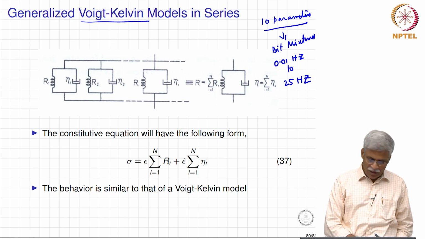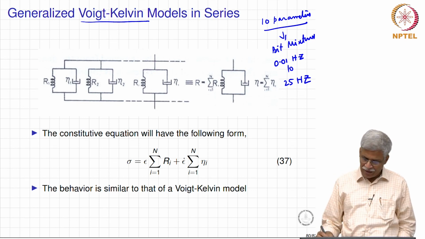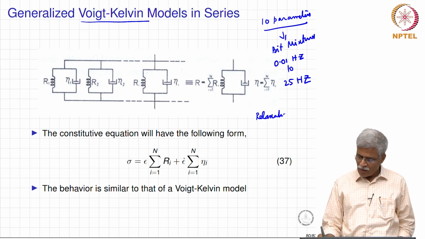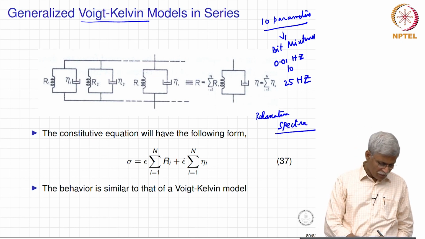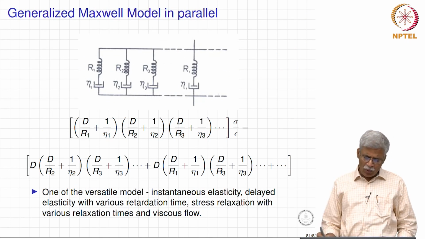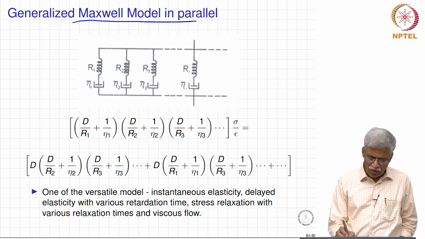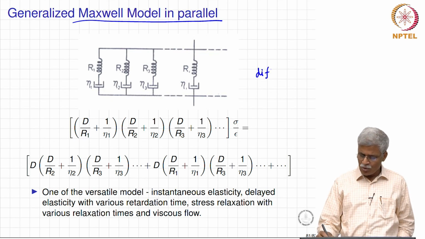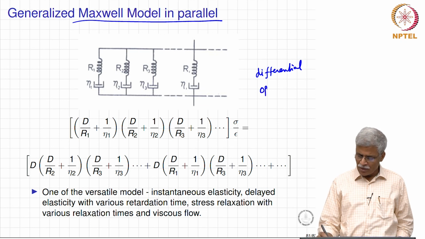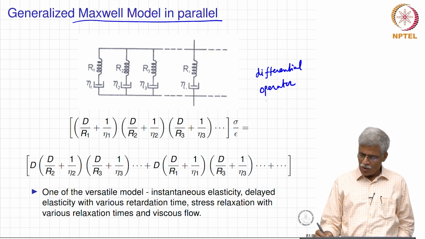So, we need different relaxation times, and in fact, these are normally prescribed in the following way in polymer literature. We call it the relaxation spectra. Okay, right. So, you can also have the generalized Maxwell model in parallel, and to solve such kind of problems, you need what is really called differential operator algebra.